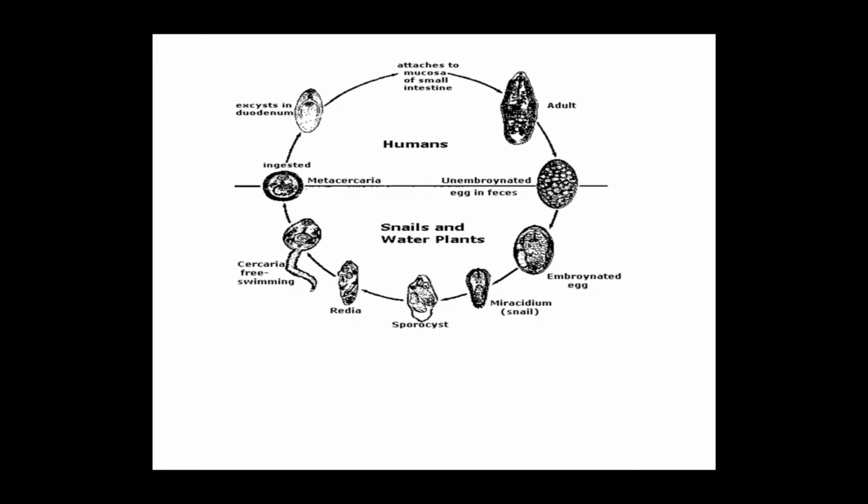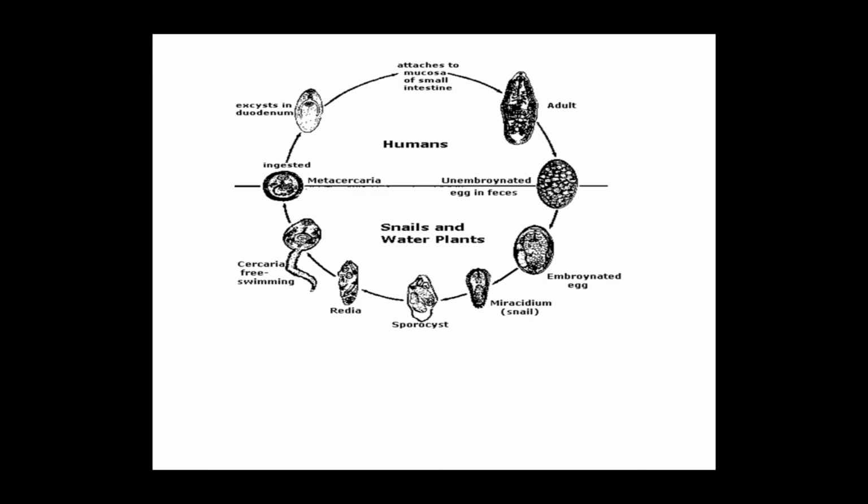This slide shows a schematic representation of the life cycle of the sheep liver fluke. We will start from the adult found in the human liver or biliary duct.